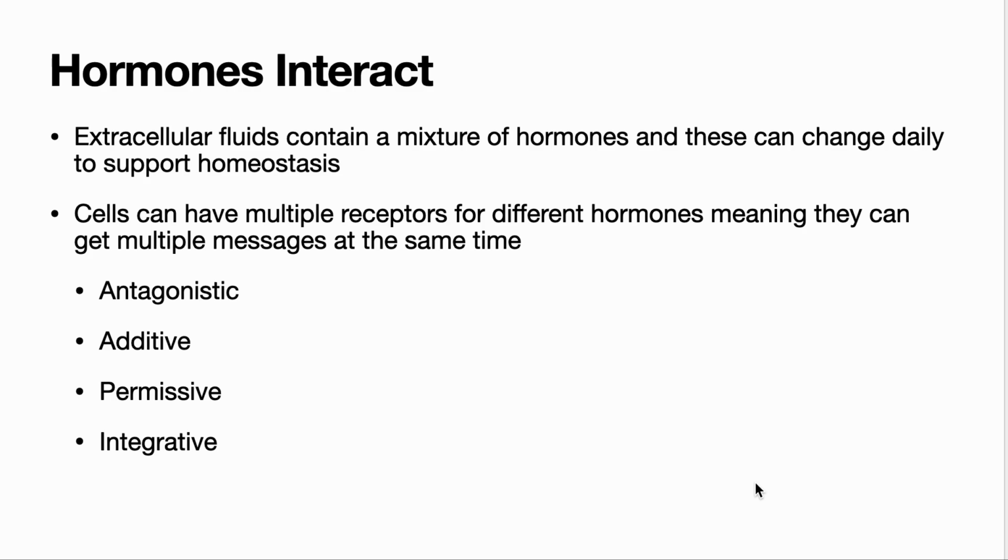And then the last type is the integrative effect, right? This is when two hormones are binding to receptors on the same cell, and they will have different impacts, but those impacts will be complementary on that cell or tissue. So they might help coordinate physiological activities in order to get the best result.